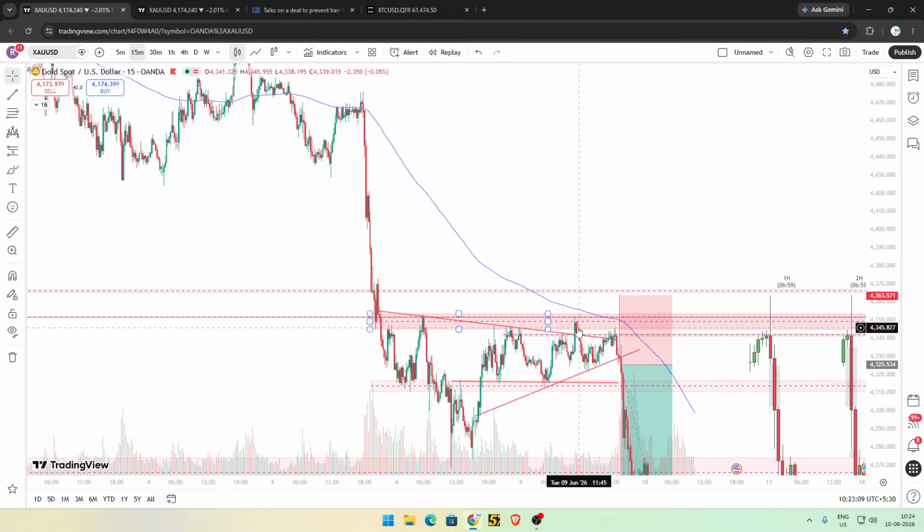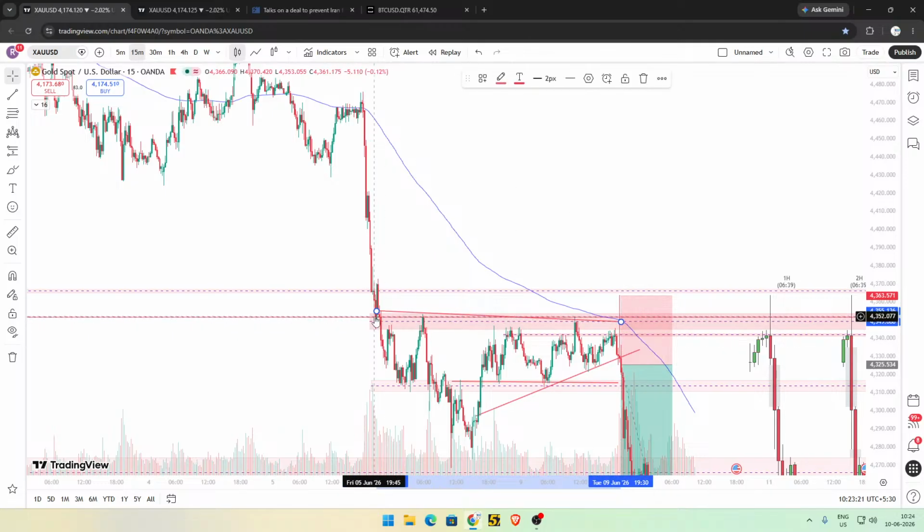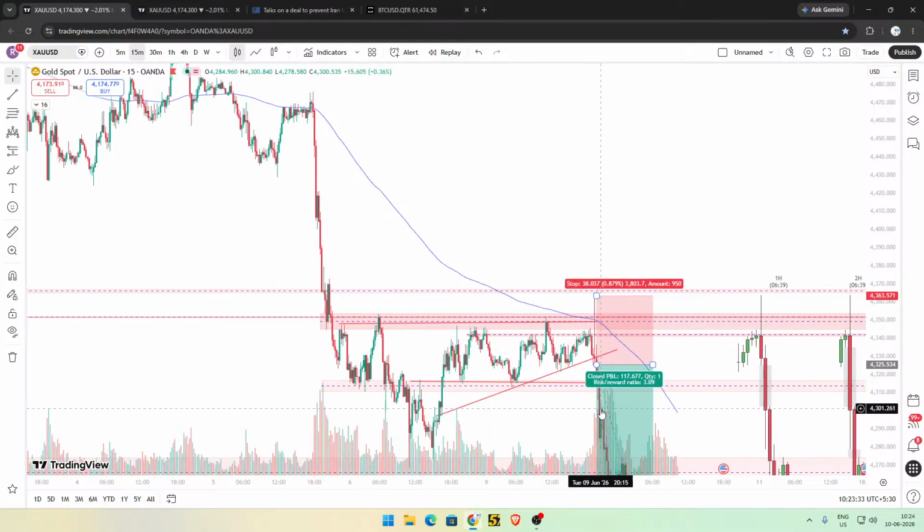Even if this pattern is not valid at this trend, if you make a valid trend line, it went up, it will grab all the liquidities, then it will fall. It grabbed all the liquidities.